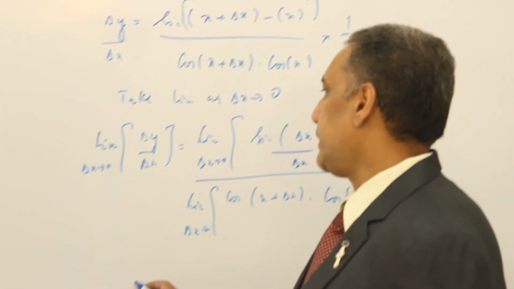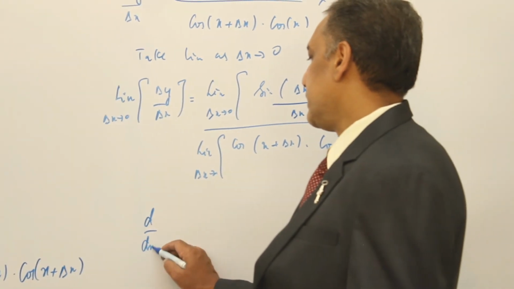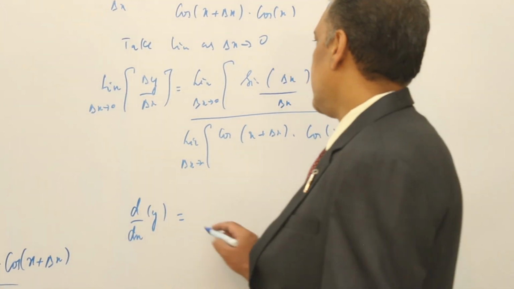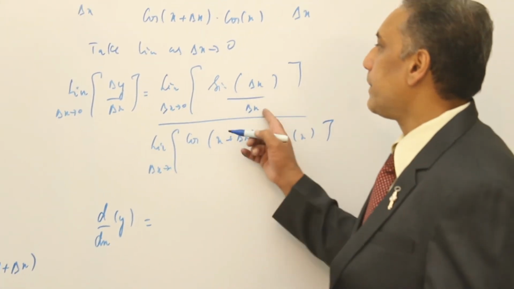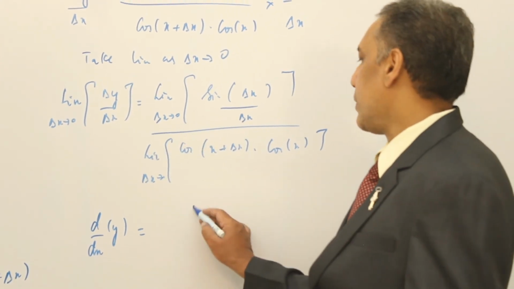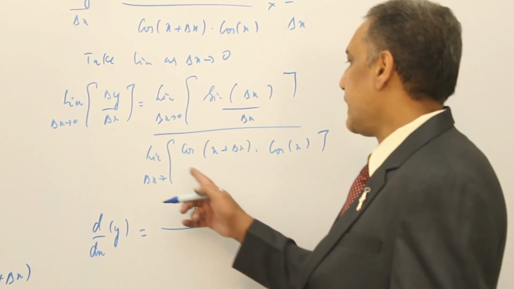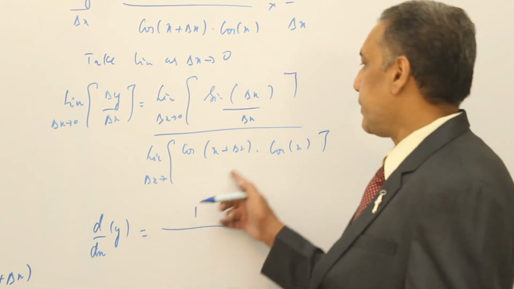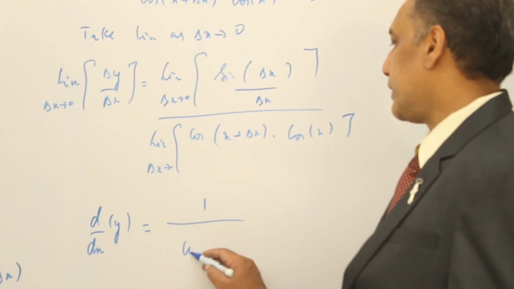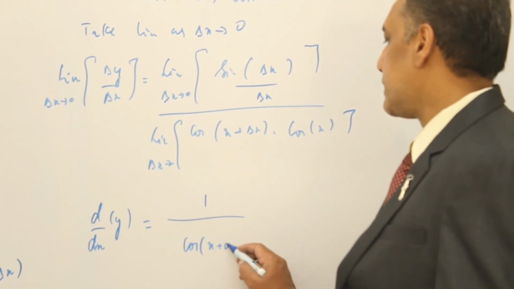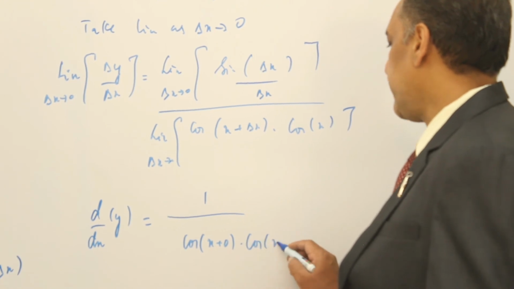This is nothing but d by dx of y. The limit of sin theta by theta as theta tends to 0 is 1, divided by this. When you take the limit as delta x tends to 0, delta x becomes 0, so it will become cos of x plus 0 into cos of x.